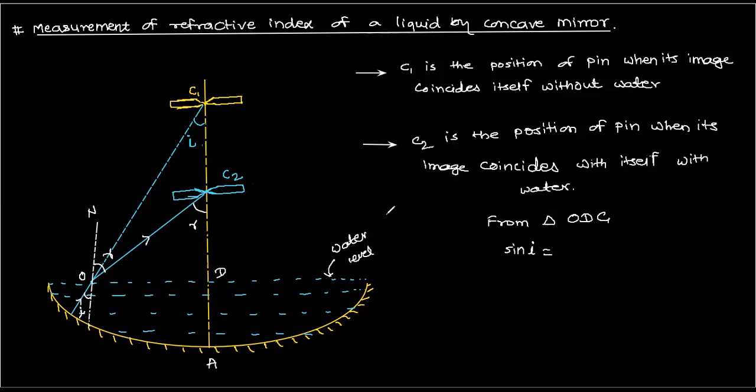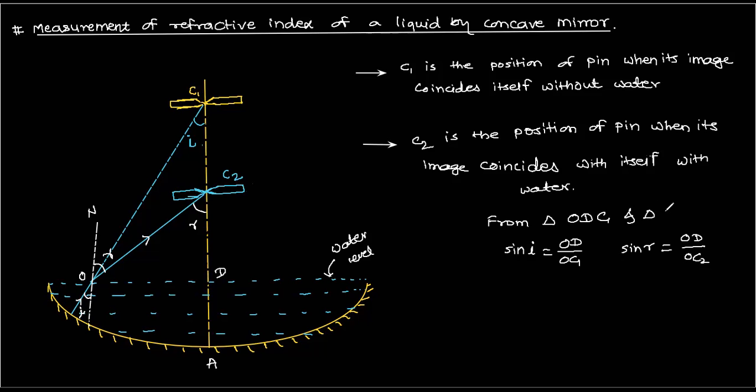So what is that? OD by OC1. OD by OC1. Next, sine of R. Sine R is equal to what? OD by OC2. OC2.